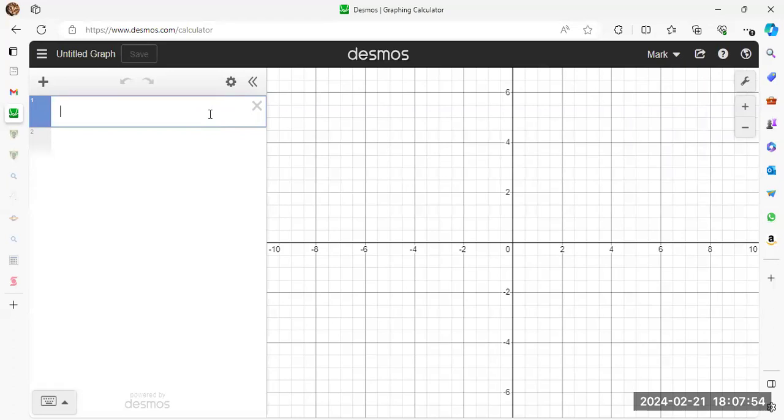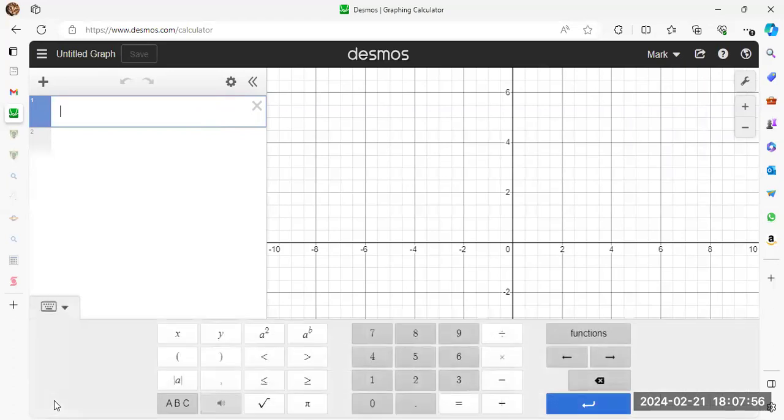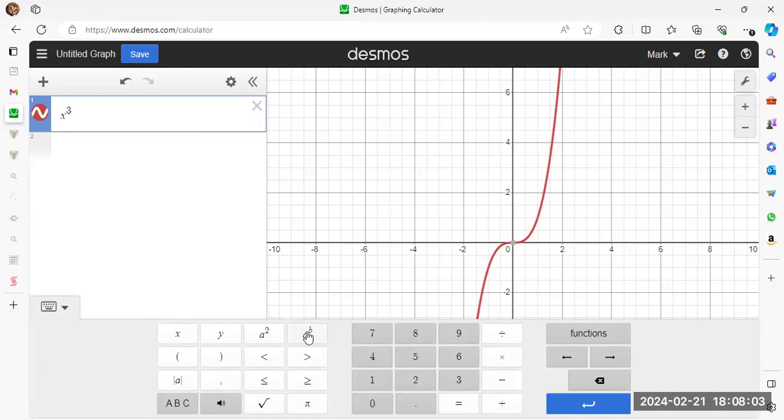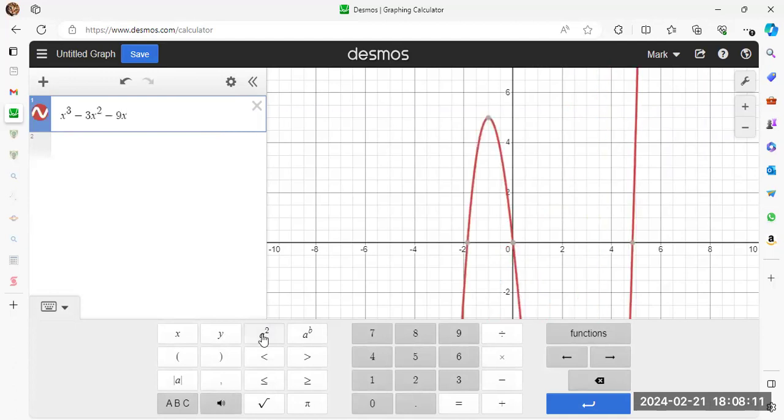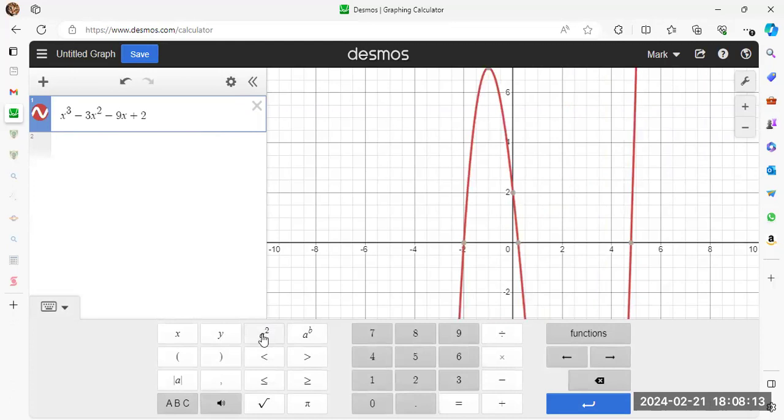Give me the function again. It is x cubed minus 3x squared minus 9x plus 2. Talk about it. x cubed minus 3x squared minus 9x plus 2.